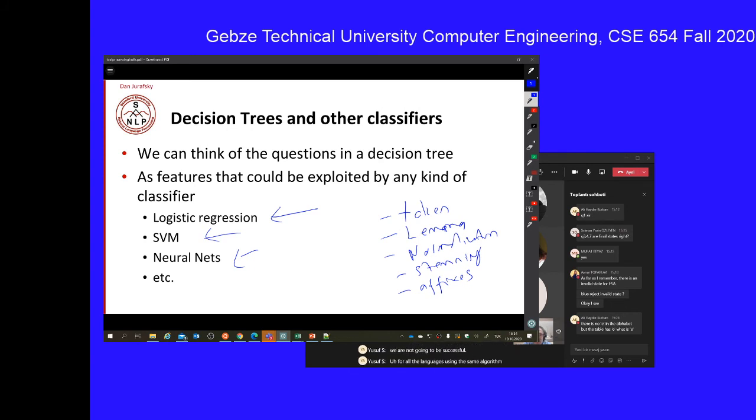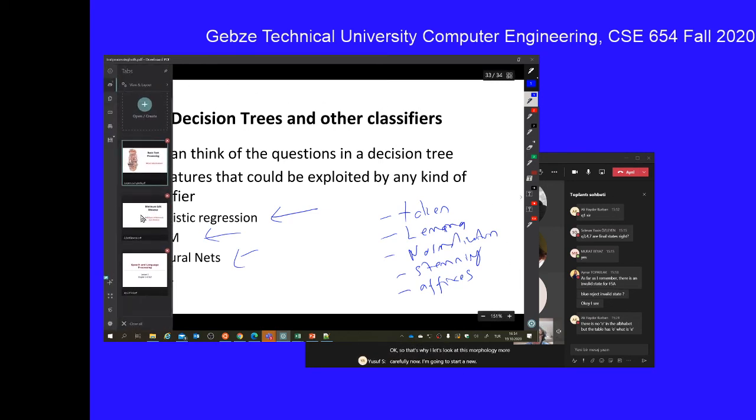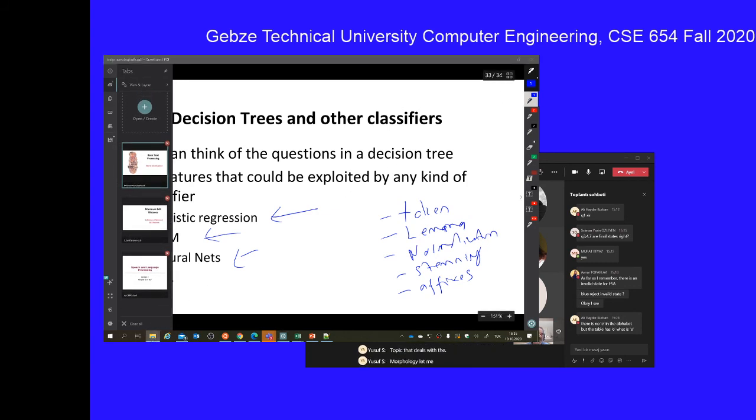Different languages require different kinds of algorithms for lemmatization, stemming, and affixes. For Turkish, none of them will work at a satisfactory level. You need to do the full morphological analysis to find the stem of the word. So that's why let's look at morphology more carefully. Now I'm going to start a new topic that deals with morphology.